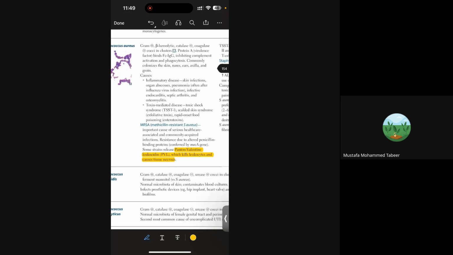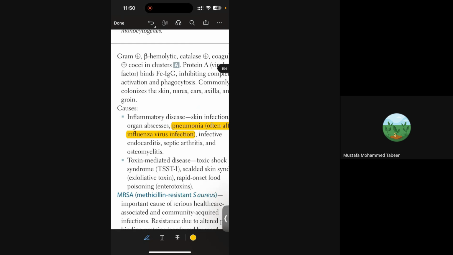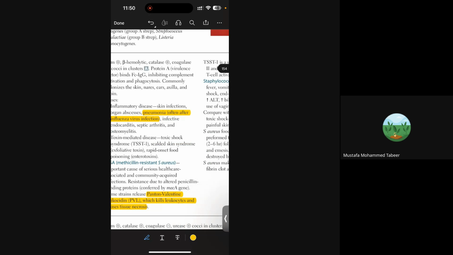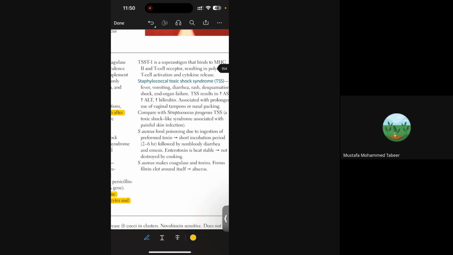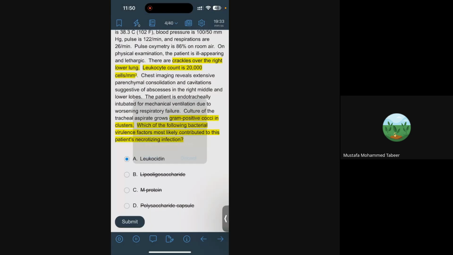It causes inflammatory organ abscesses, pneumonia often after influenza virus infection. It is beta hemolytic, catalase positive. So leukocidin is the one leading to the necrotizing infection here.